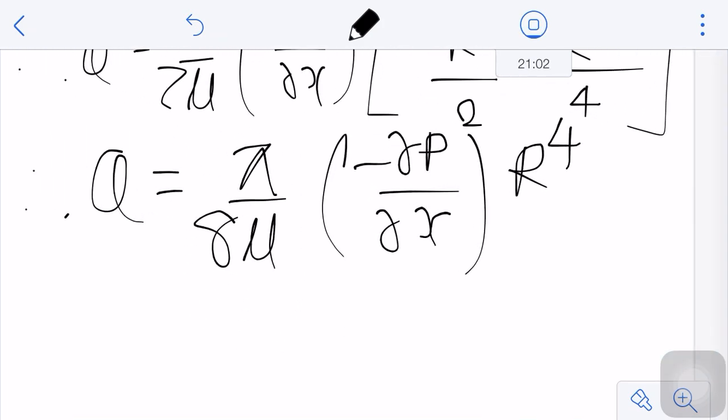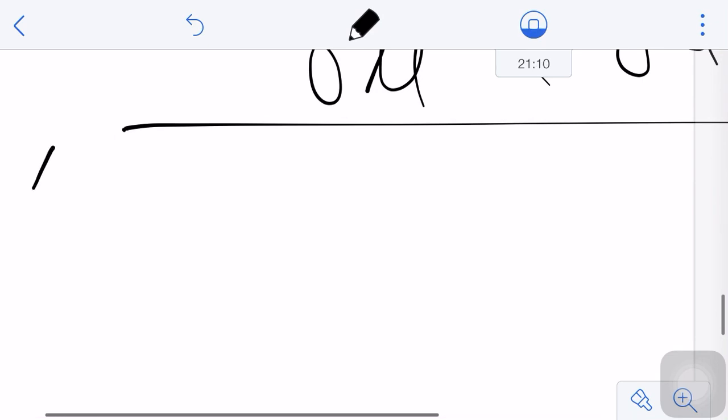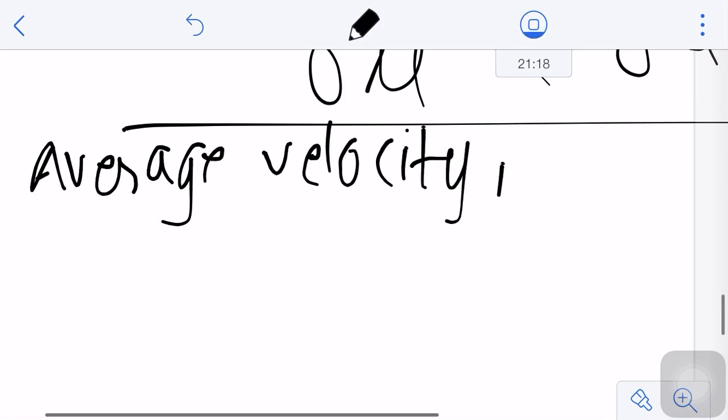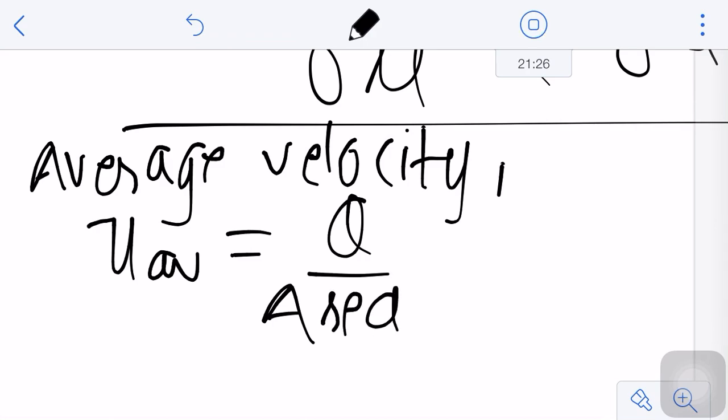Now this is the equation of discharge, and we want to calculate the average velocity. To get this average velocity, we need to divide this discharge by the area. U average is equal to Q divided by area, right.